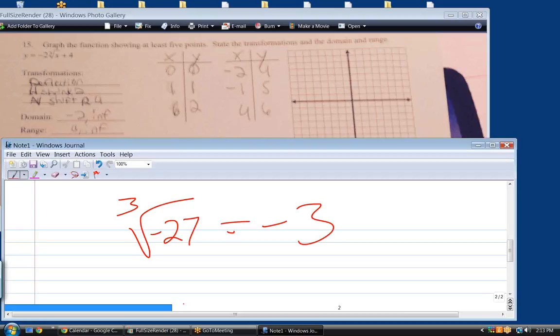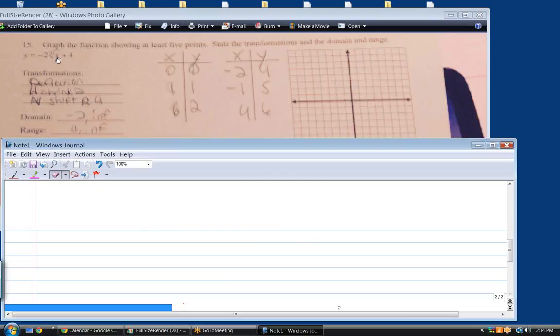It's not like square root. Square roots, we can only take square roots of positive numbers or 0. Cube roots, we can take cube roots of negative numbers, we can take cube roots of positive numbers, and they come out with different answers. So the domain is all real numbers, -infinity to +infinity. There is no value for x that doesn't work.